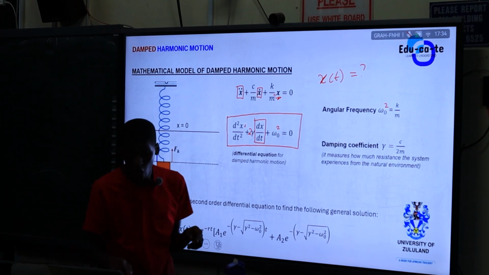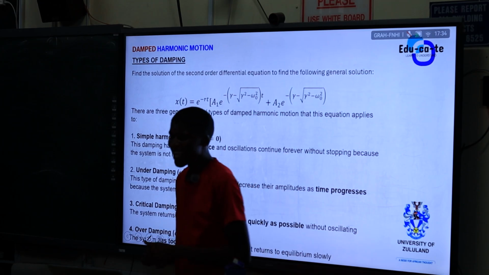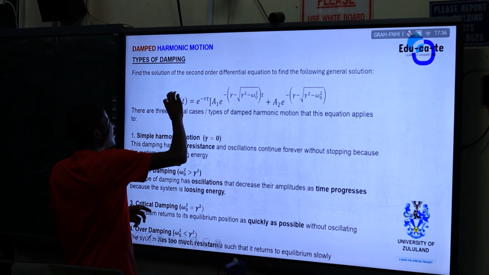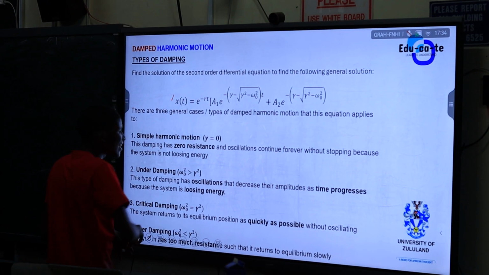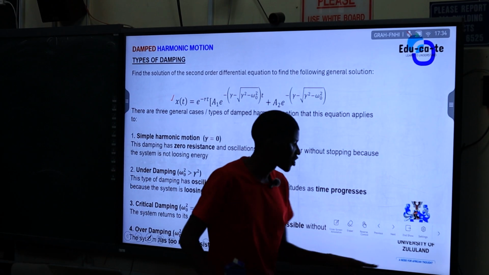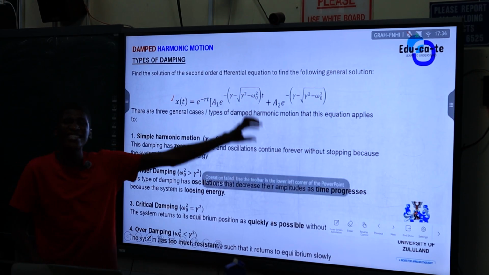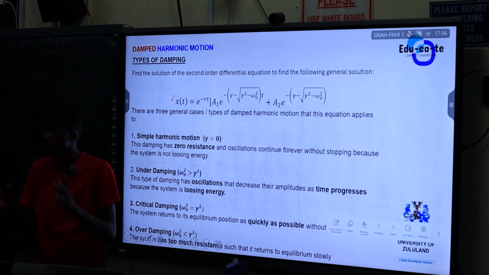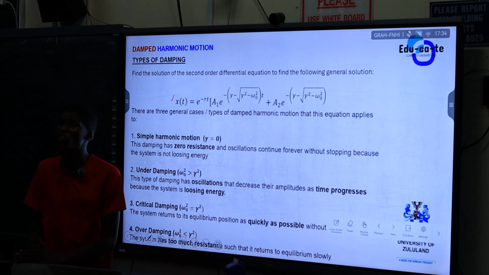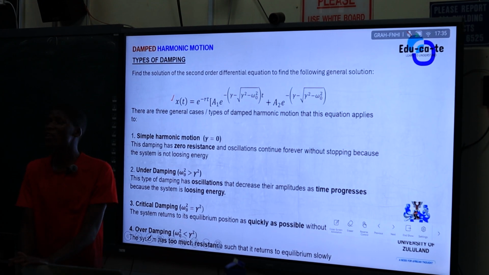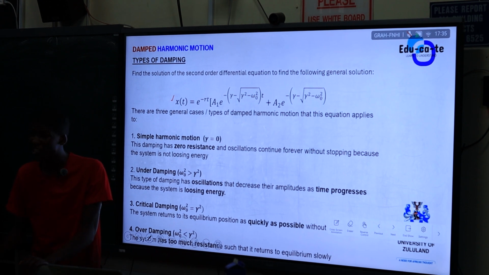So, this general equation that we are having applies to all cases of harmonic motion.